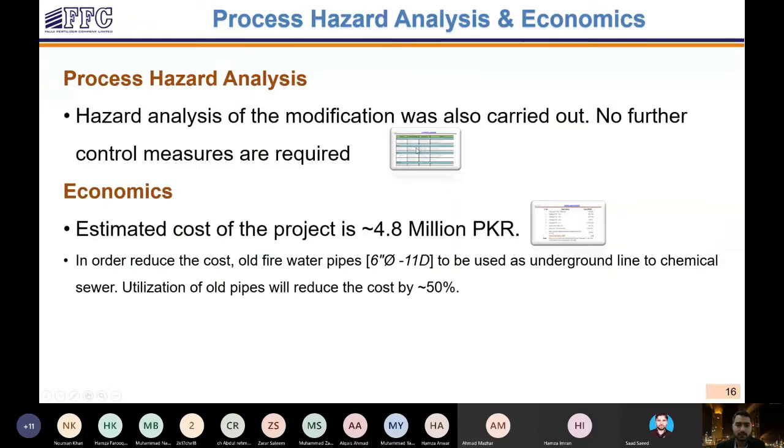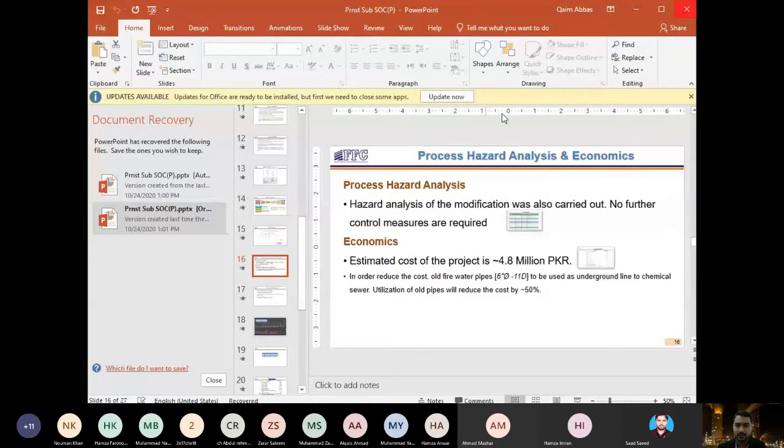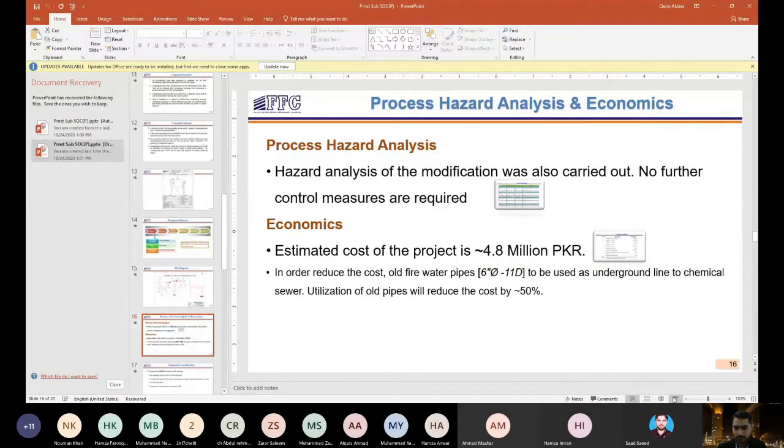I was discussing the requirement of the hazard study. In these studies, we try to identify any unforeseen hazards that might occur in case we had not done the study properly.